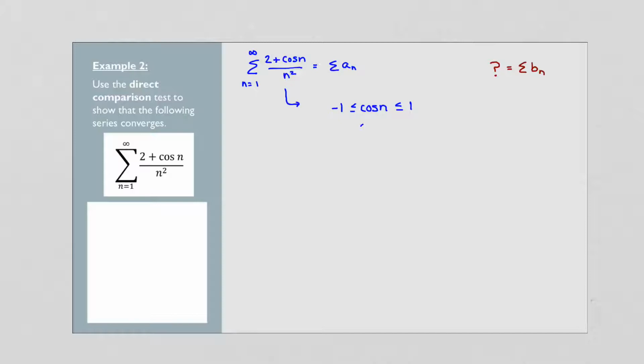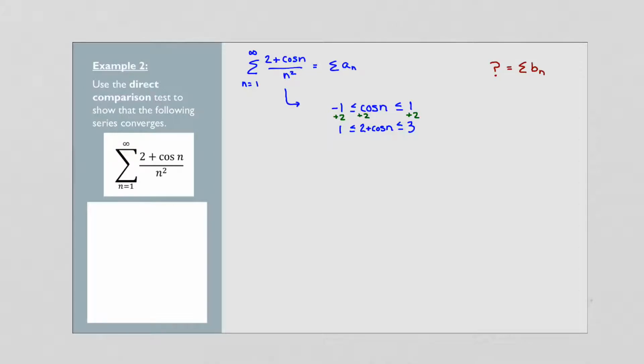That means that 2 plus the cosine must also be bounded. How would I get this? I would add 2 to all my parts. So 2 plus cosine n is bounded by two numbers, namely 2 minus 1, which is 1, and 2 plus 1, which is 3. So that's also a fact.